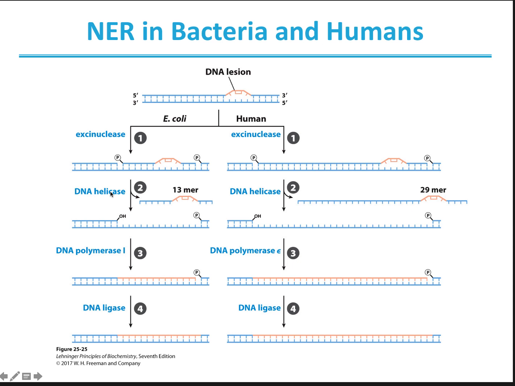A DNA helicase then comes in and assists in the removal of that nucleic acid sequence that contains the lesion. DNA polymerase I or DNA polymerase epsilon then comes in to synthesize the correct sequence using the non-mutated strand as template, and then DNA ligase comes in ultimately to seal the nick.